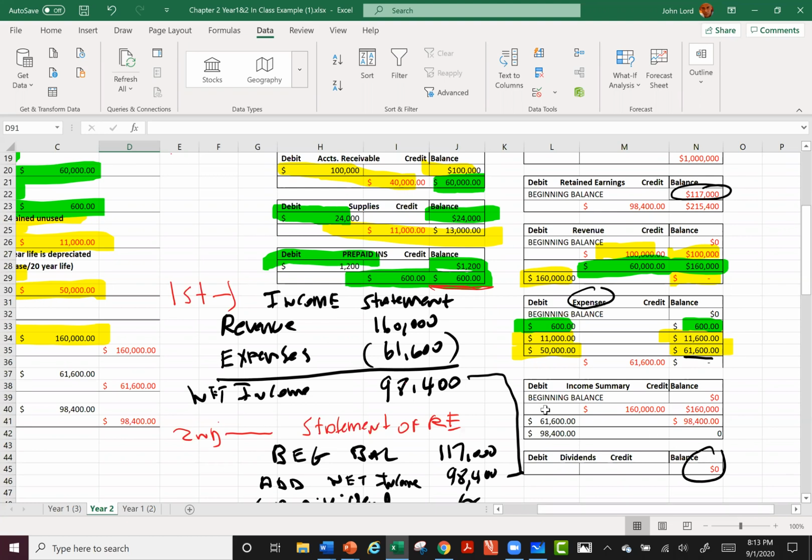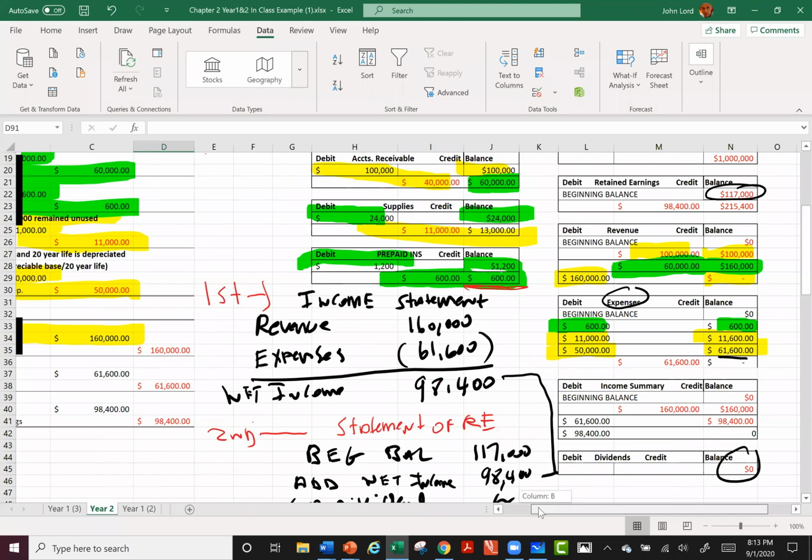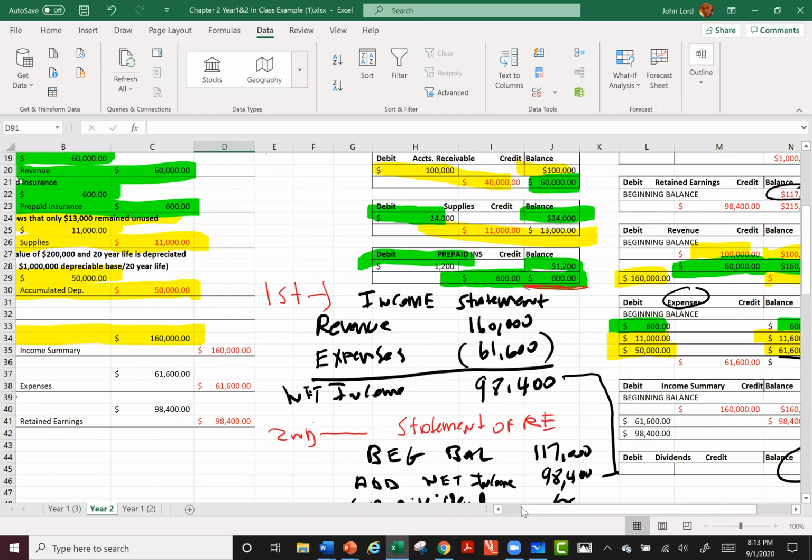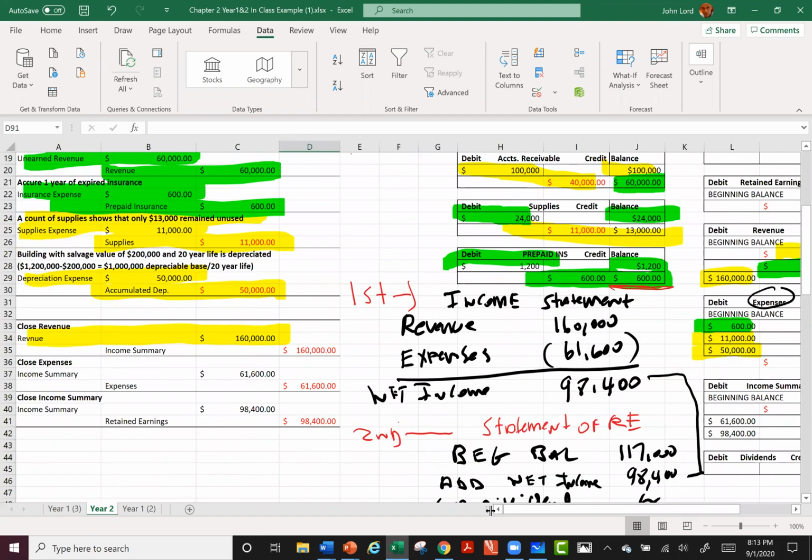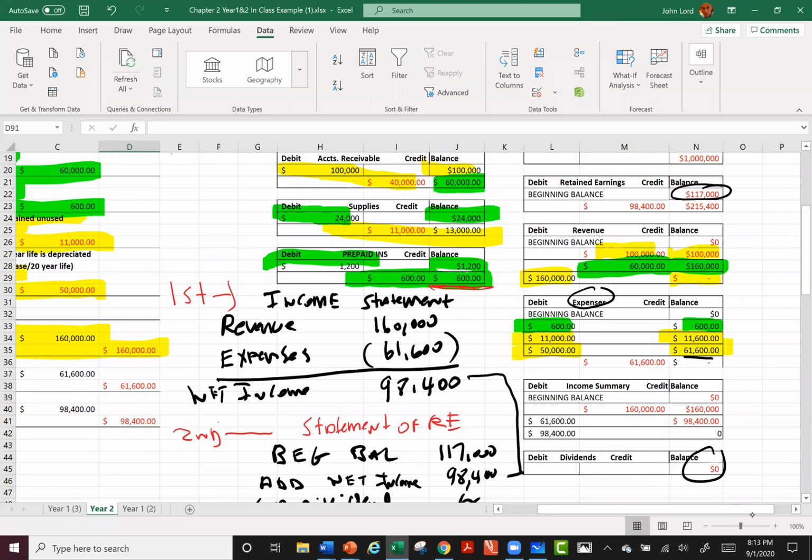My expenses, and don't go too fast, John. If I debited revenue, I have to credit something. I credit income summary. And when I credit income summary, it shows me my revenue for the year, the 160.